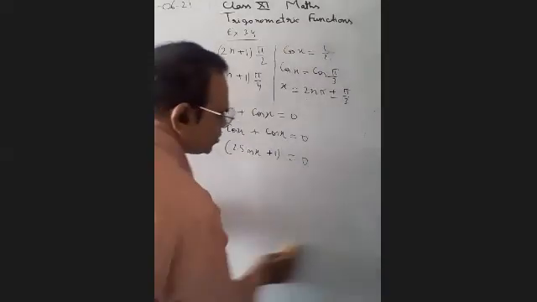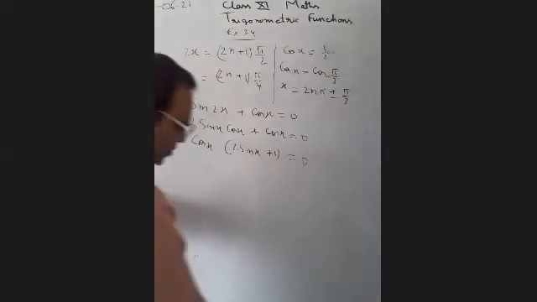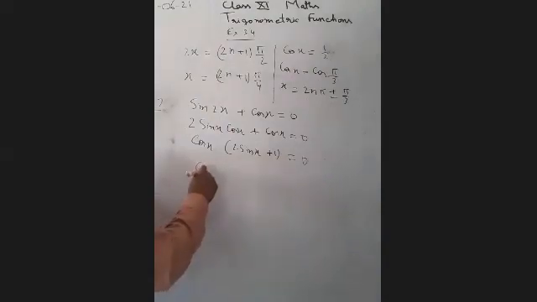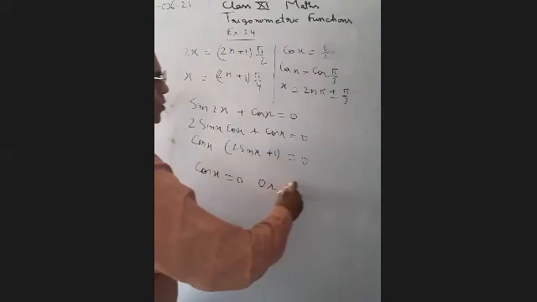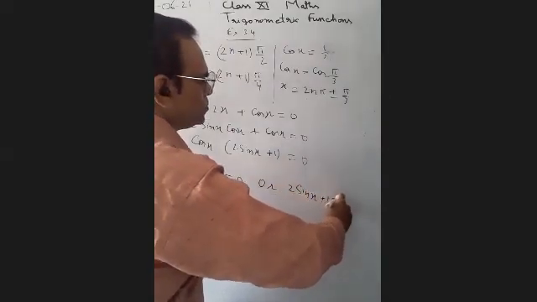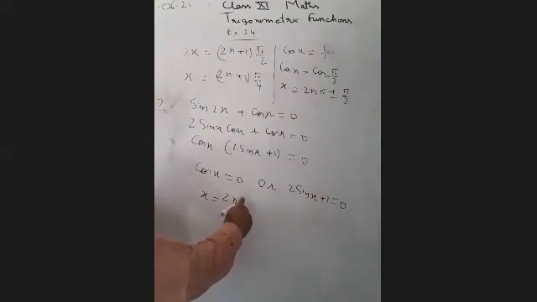I am just using the time because we have time. I will try to solve all the questions. Cos x is equal to 0 and 2 sin x plus 1 equal to 0. If cos x is equal to 0, so x is equal to an odd multiple of pi by 2. That answer is done.